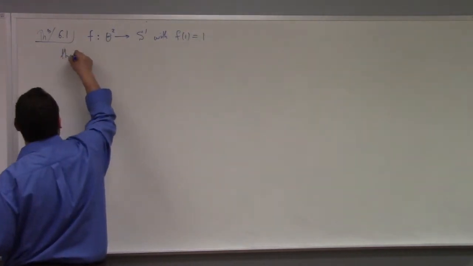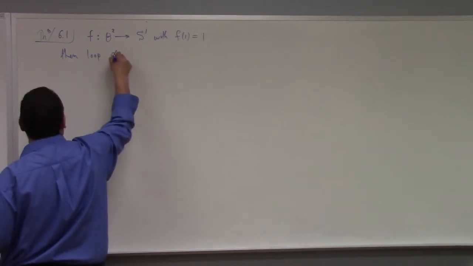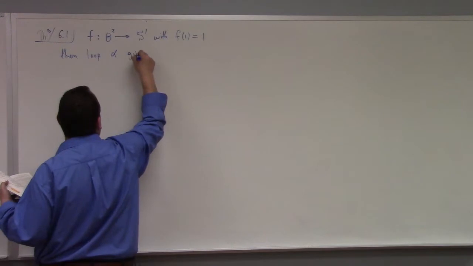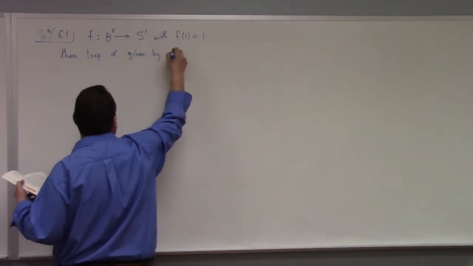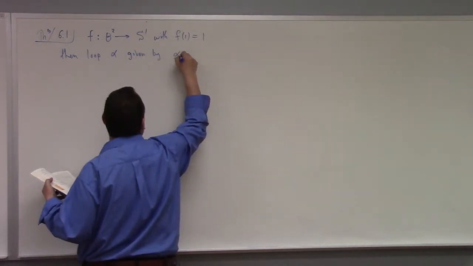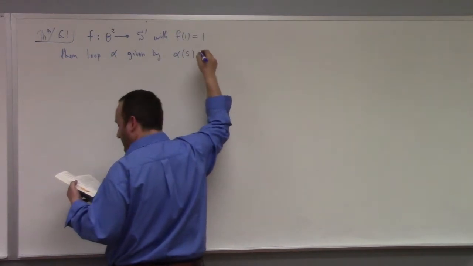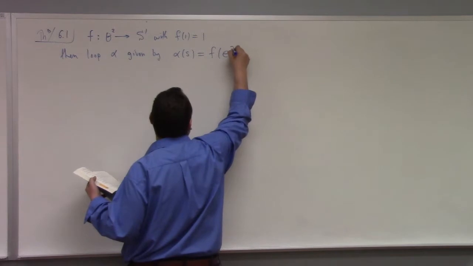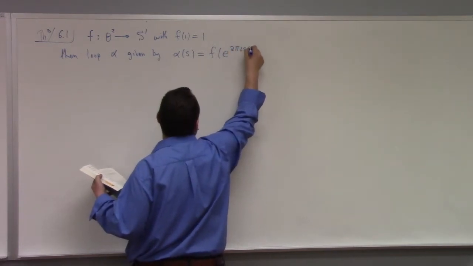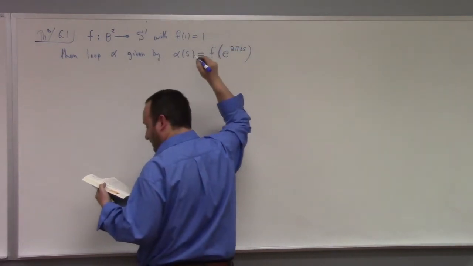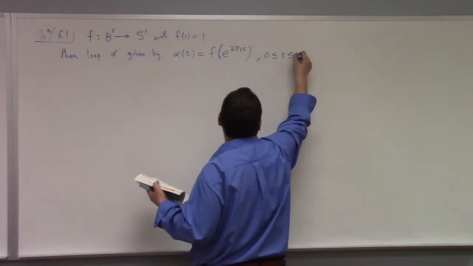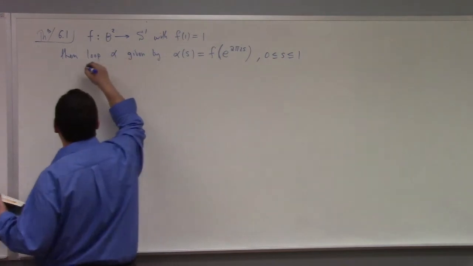Then the loop alpha given by alpha of s equal to f of e to the 2 pi i s has index 0.